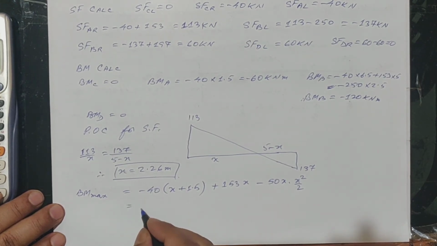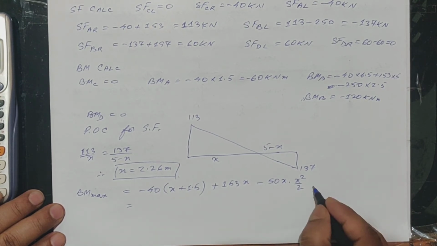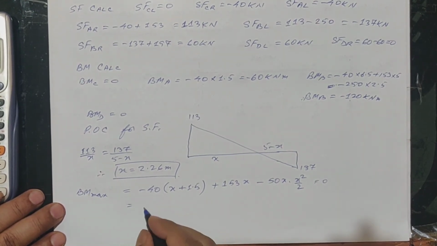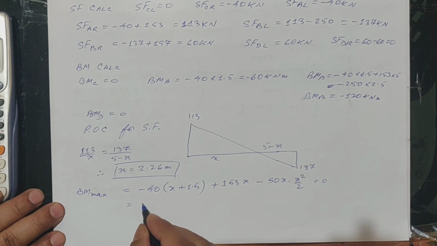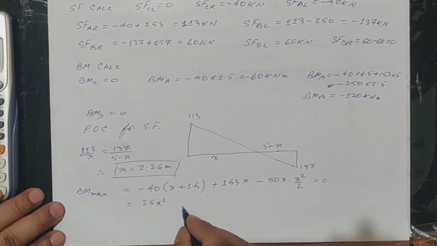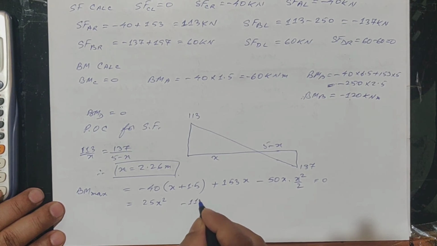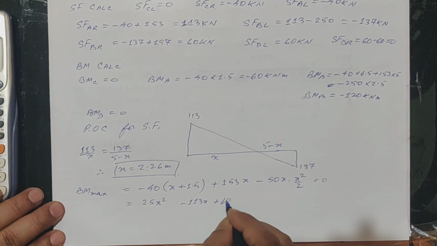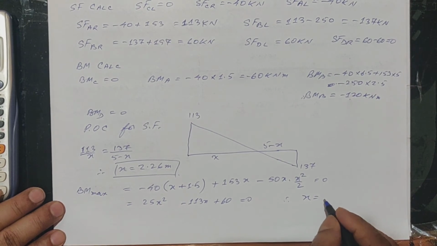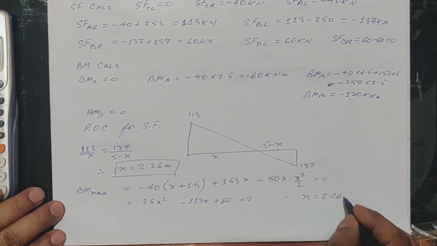So this gives us an equation. If we solve this, it is giving us 25x square minus 113x plus 60 is equal to 0. So from this x comes out to be 2.26 meters.